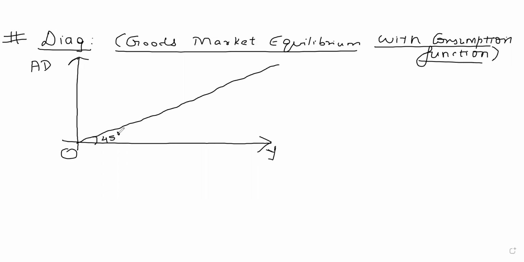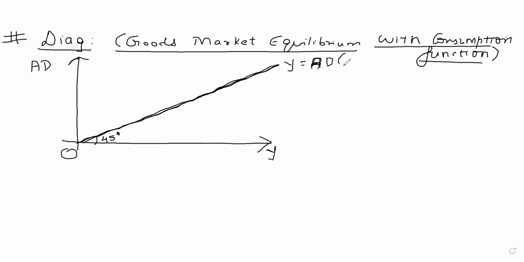The feature of this 45-degree line is that all the points on it correspond to my output being equal to my planned aggregate demand. That means for all the points on this line, Y is equal to AD. A 45-degree line is like a mirror. Every point on it means that Y is exactly equal to the aggregate demand.